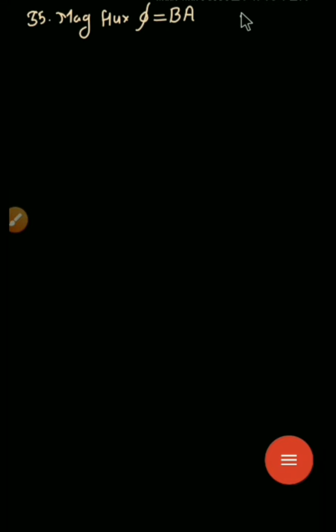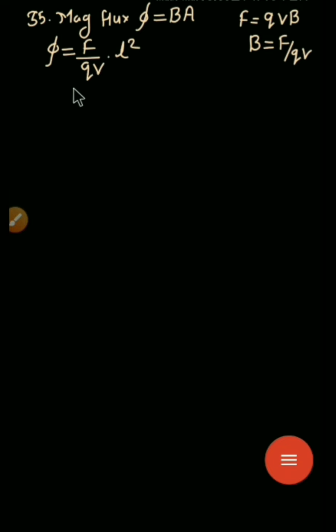Now we know F, the force experienced by a particle when it enters the magnetic field, is equal to qvB. So from this equation we can write B is equal to F by qv. So we can write phi is equal to F upon qv into area. Area is nothing but L square.